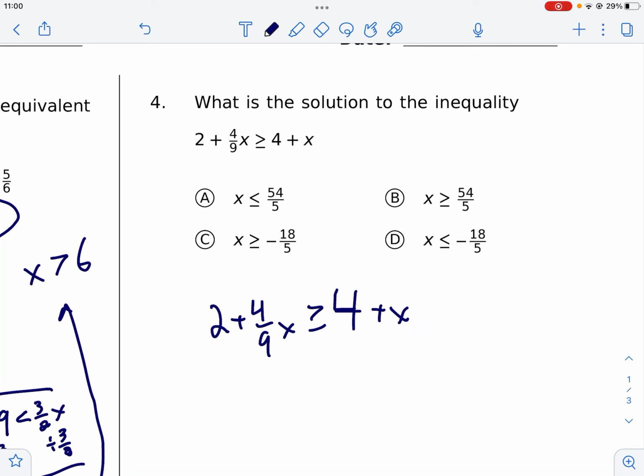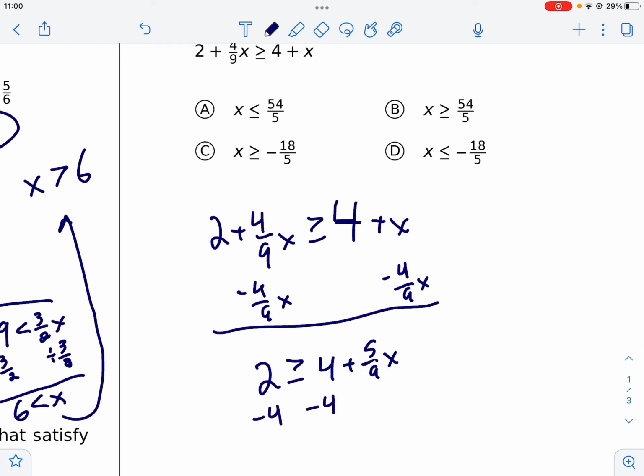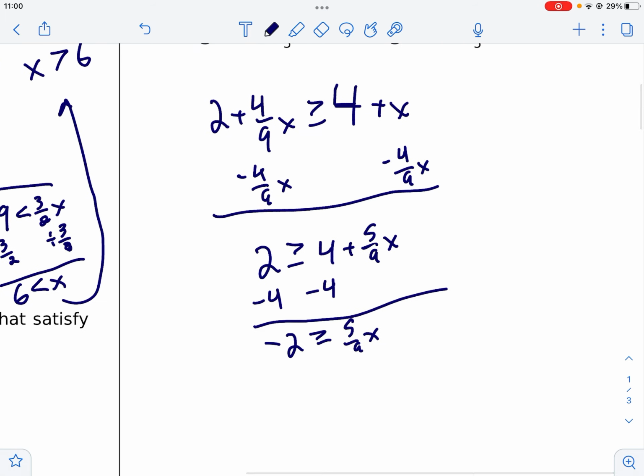For number 4, we can start by subtracting to get our variables on one side of the equation. Resulting in -2 is greater than 5/9 x.